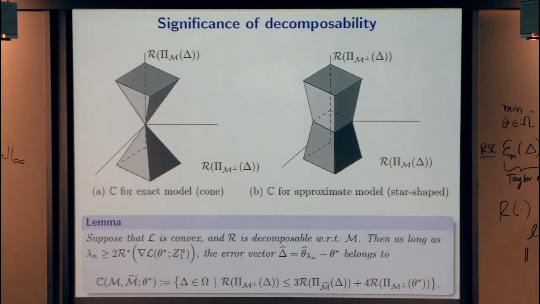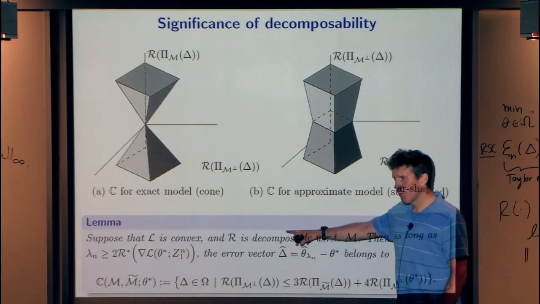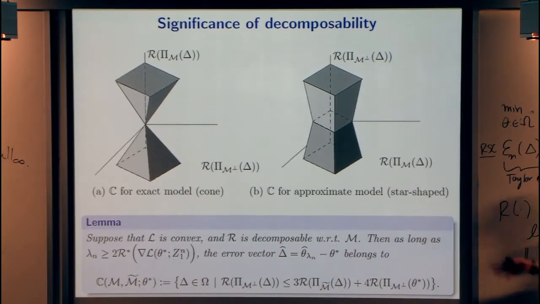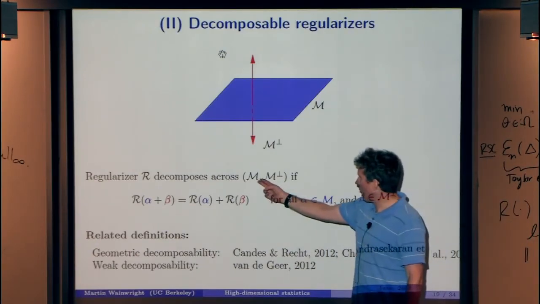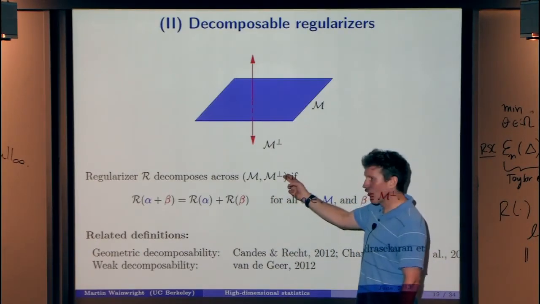Yeah, here, throughout, I'm assuming L is convex and R is decomposable. That's used to prove this a number of times. Yep? What's M tilde? Yes, where is M tilde? Yeah, so I've swept something under the rug a little bit here for pedagogical reasons. There are many norms that decompose across M and M twiddle, or M complement.